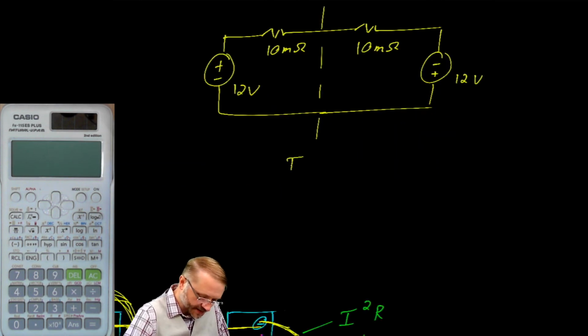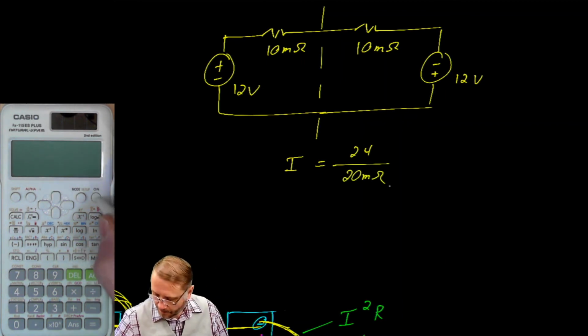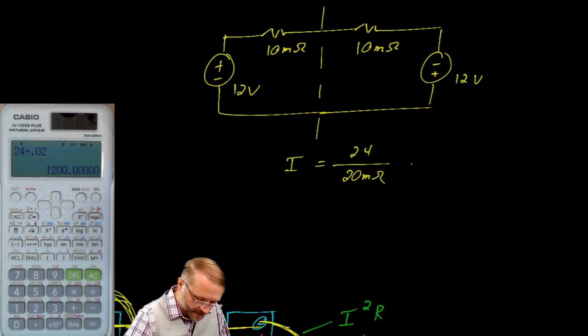We'll let that be 12 volts as well. The current would equal 24 divided by 20 milliohms, which is 1200 amps.